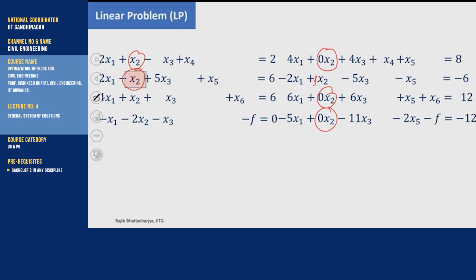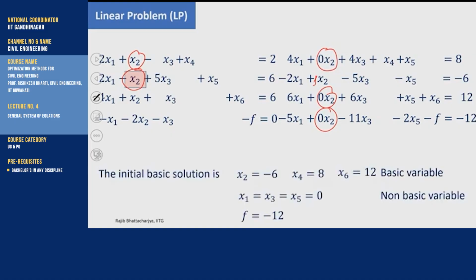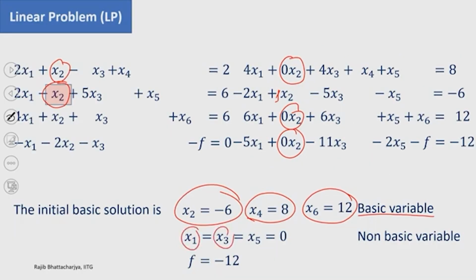Now, if this is the condition, what is the solution? I am getting x2 equal to minus 6, then x4 equal to 8, and x6 I am getting 12. So, these are basic variables, and the non-basic variables are x1, x3 and x5, which are equal to 0, and f equal to minus 12. So, we are getting improvement, but what is the problem here? This is not acceptable.